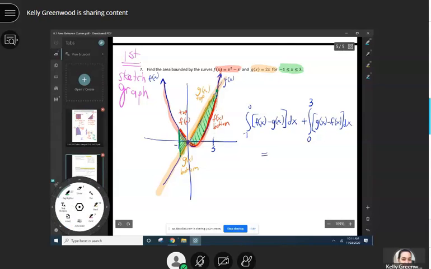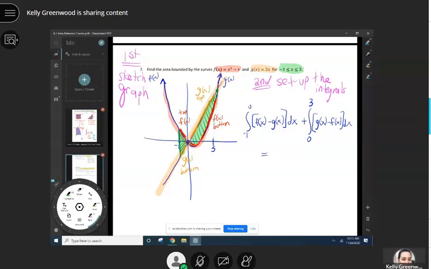So first, you're going to sketch your graph. Second, you're going to set up the integral. In this case, integrals. And then third, you're just going to use Desmos, or use technology, to calculate.